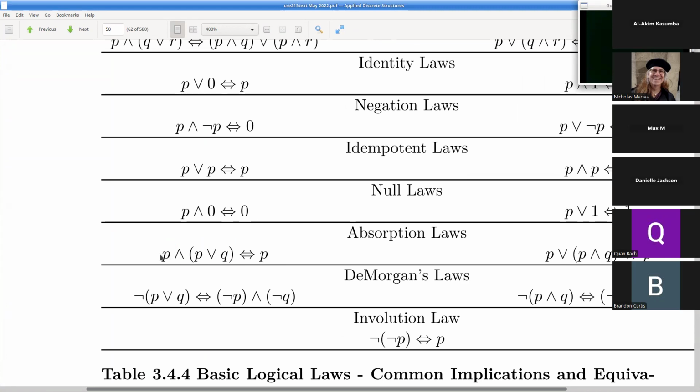Well, if this left side is true, we know that both of these things are true, which tells us P is true. So if this left side is true, then the right side is true. On the other hand, if the right side is true, P, then we know this is true, and we know that this is true, and so we know that this whole thing is true. So the left side implies the right, and the right side implies the left. That's that biconditional equivalence.